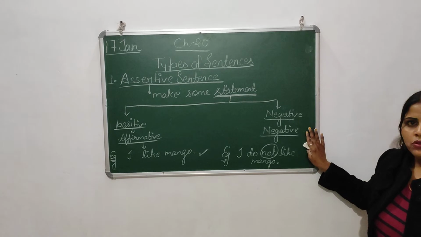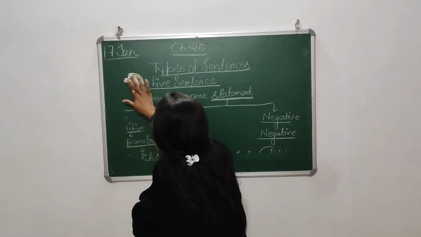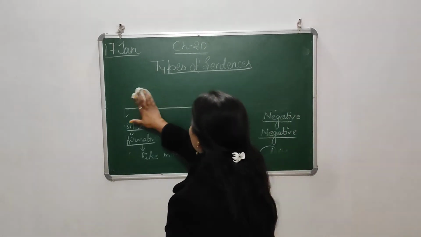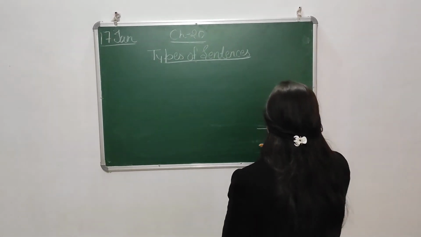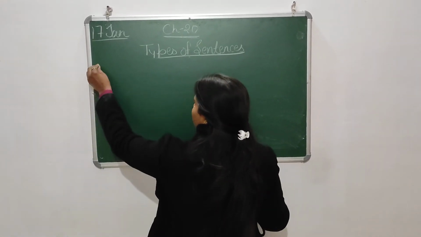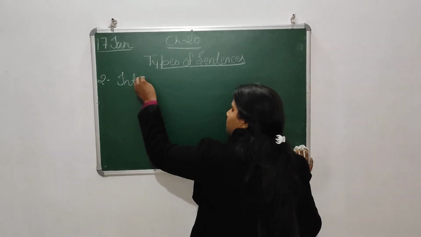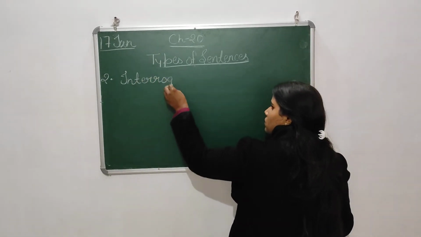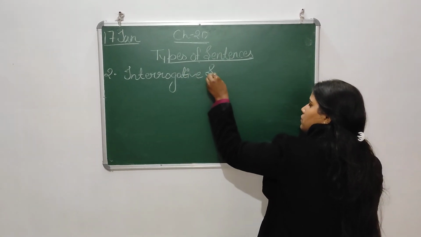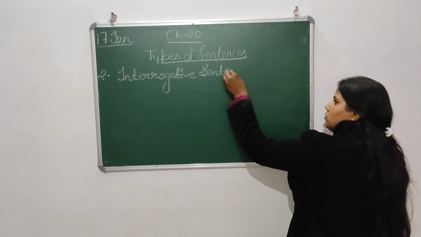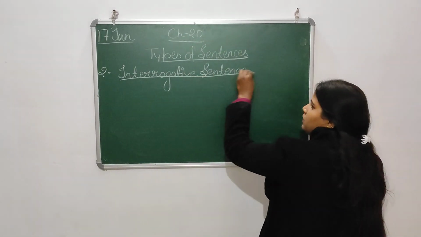So let's move to the next type of sentence, which is the interrogative sentence, which is used to ask questions. So what is an interrogative sentence? Your next sentence is the interrogative sentence.